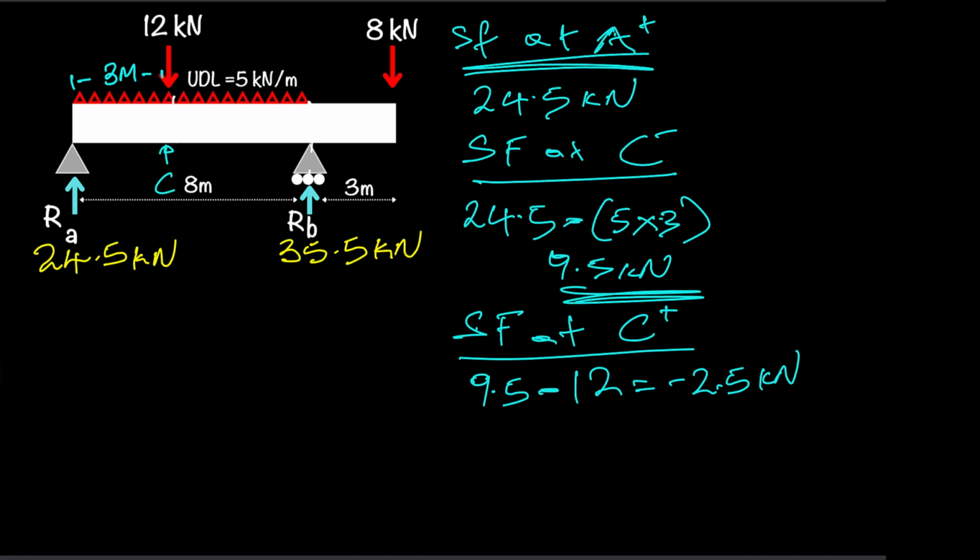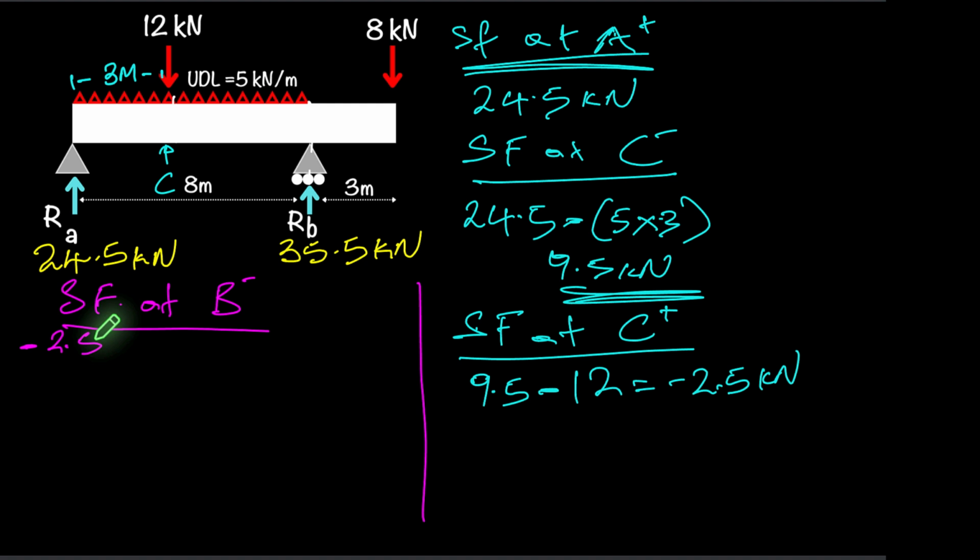Okay, so far we are just after that 12 kilonewtons point, and we're going to go across now to reaction B. So let me just draw this up, and I'm going to call that at B minus. So shear force at B minus, so that's going to be just before reaction B. Remember our previous shear force was negative 2.5, and now just before reaction B, we're going to have the UDL up to that point.